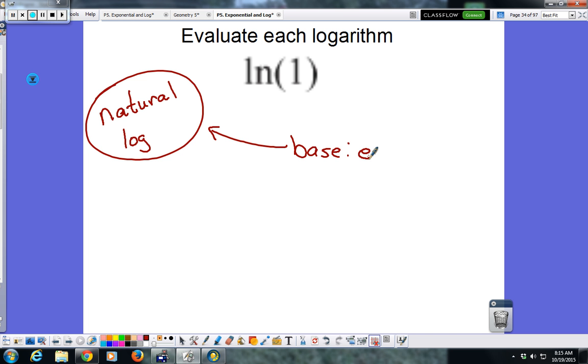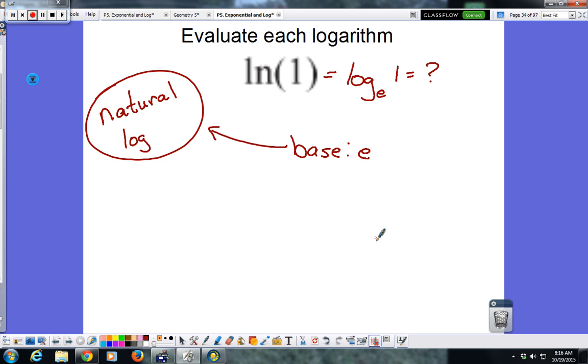The base of a natural log is E. E is the number approximately 2.718. So if you would like to rewrite a natural log, you're simply asking: log base E of 1 is equal to question mark. Or you're saying E to what power is 1.